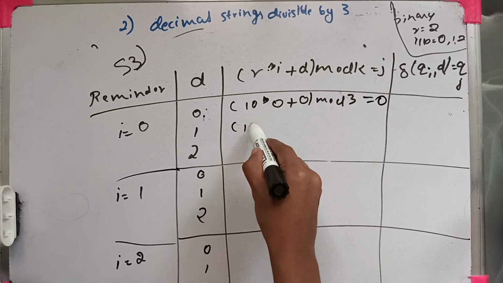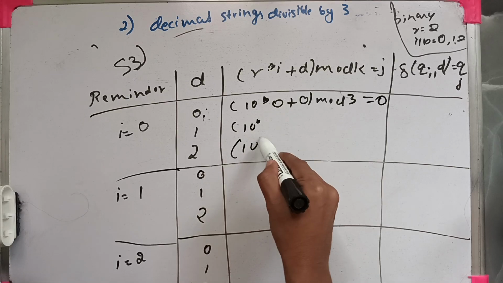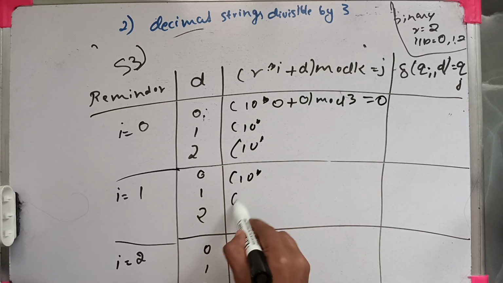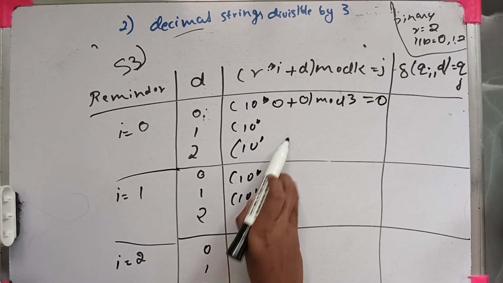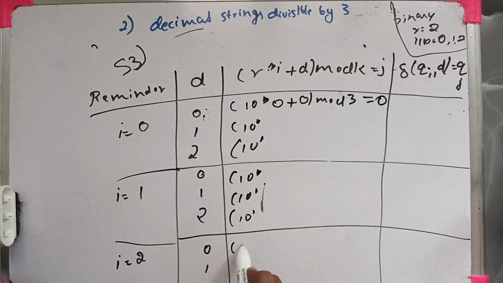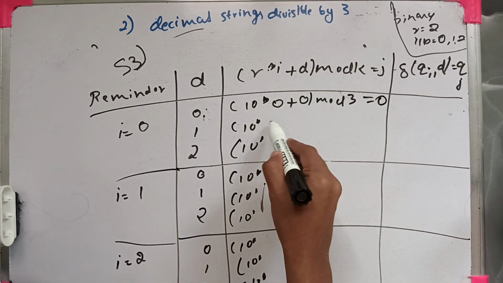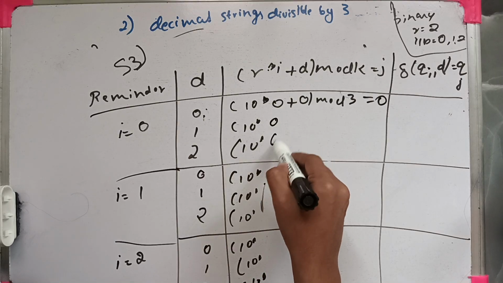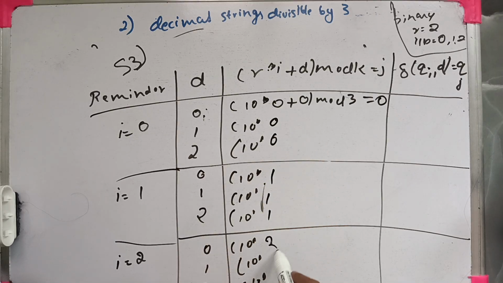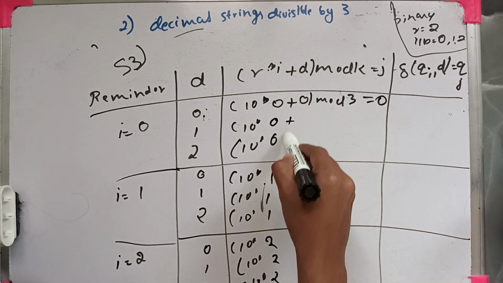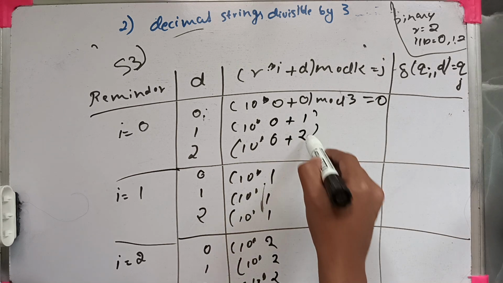Okay, apply the same. R is 10 in every place. Here i is 0, here i is 1 and here i is 2. Next 1, 2.